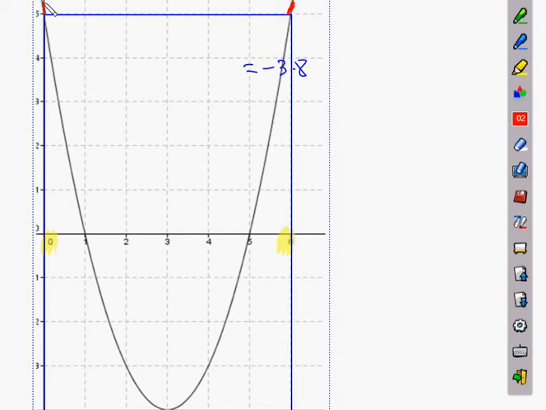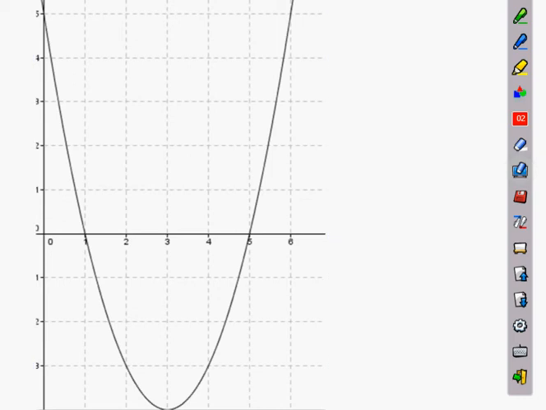How many blocks across? 1, 2, 3, 4, 5, 6 blocks across. How many blocks down? 2, 3, 4, 5, 6, 7, 8, 9. How did you get the area of a rectangle of 6 by 9? Length by width. 54. The area of that rectangle is 54. Everybody happy with that?